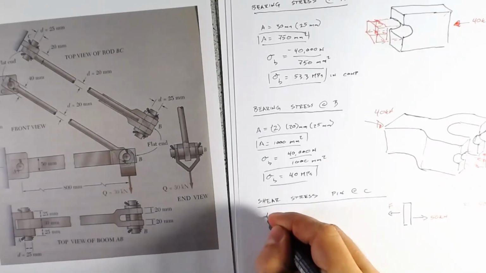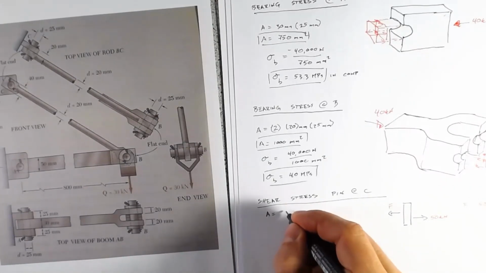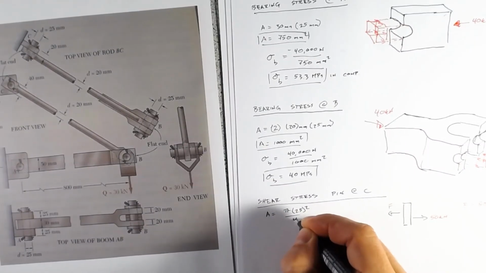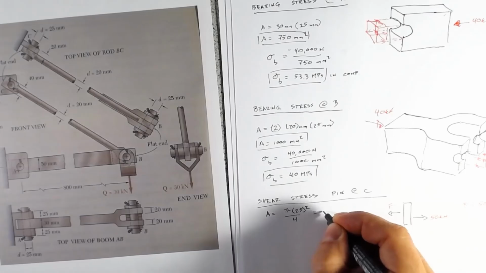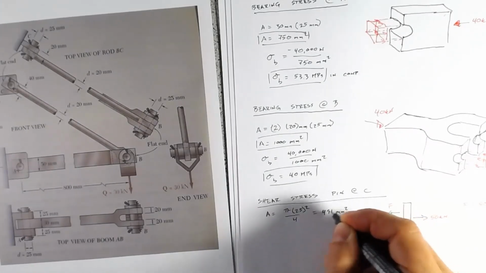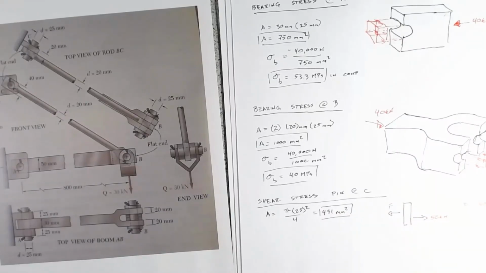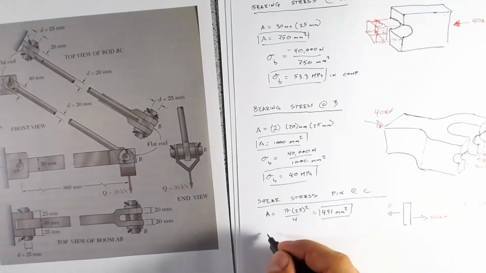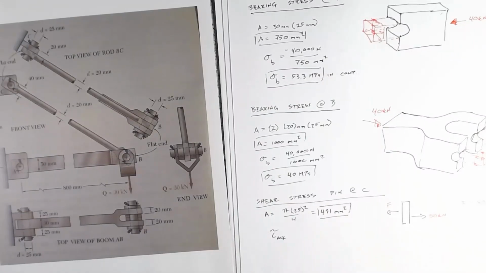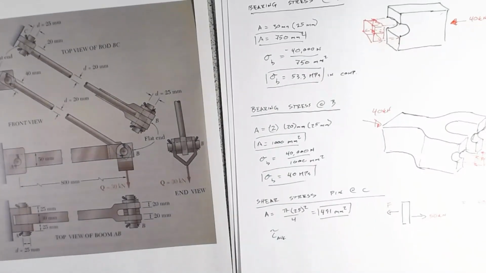The area of the pin is just pi times the diameter squared over 4, and that equals 491 millimeters squared. And so our average stress in this pin is just going to be force divided by area.